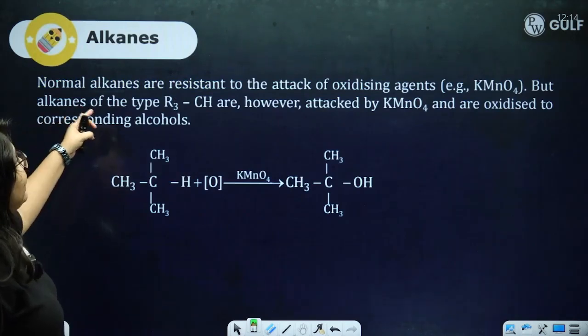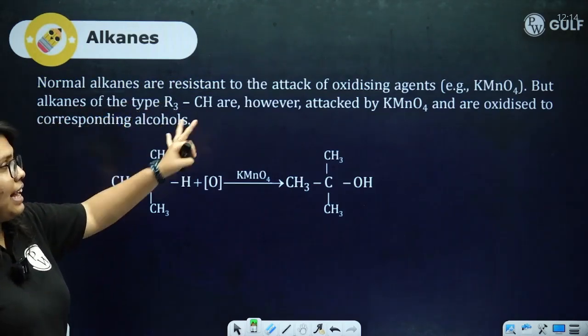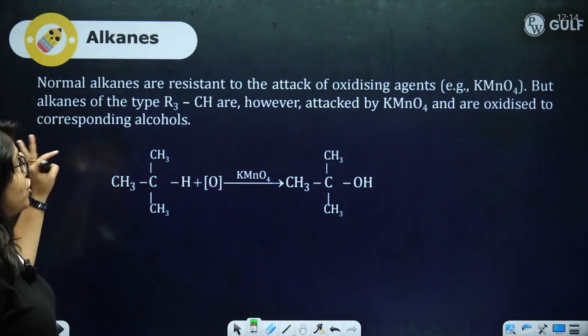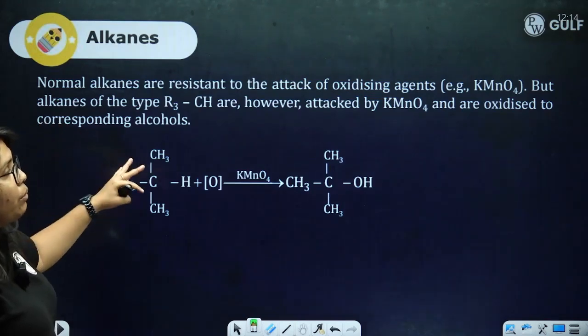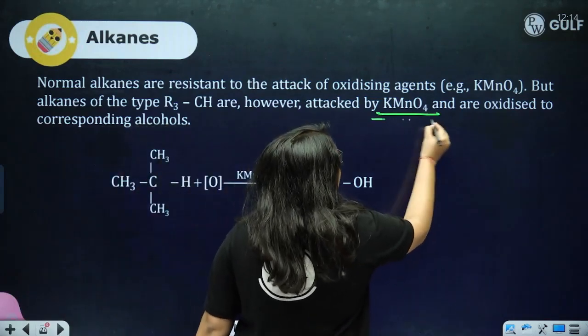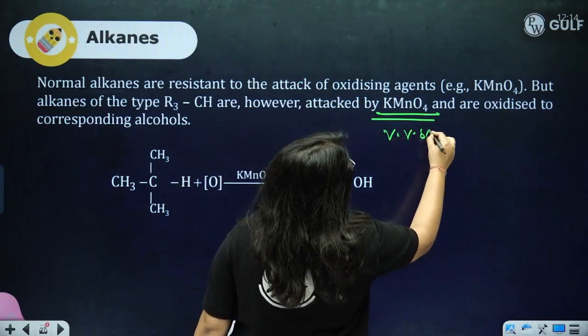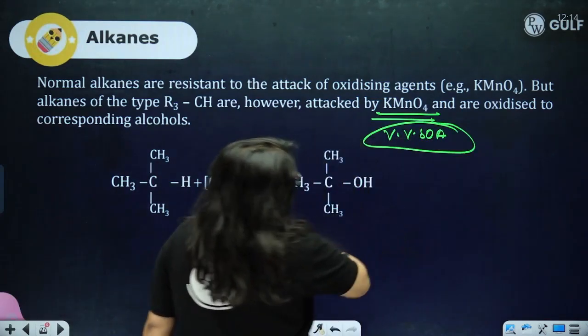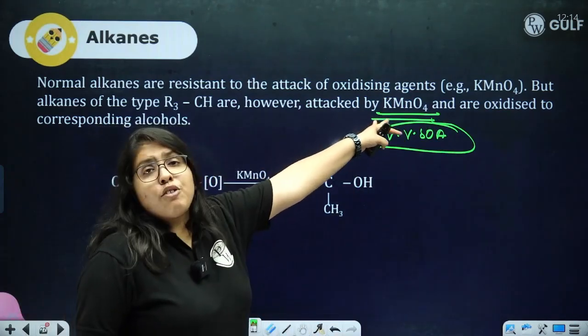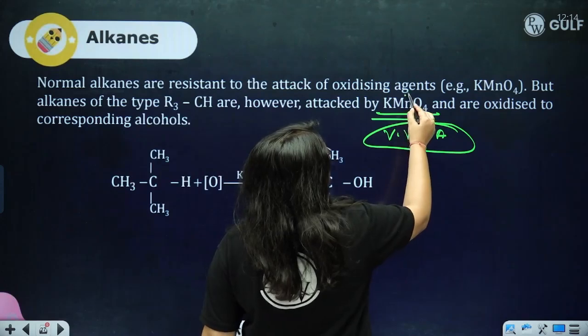Now, normal alkanes are resistant to the attack of oxidizing agents, but tertiary alkanes are, however, attacked by KMnO4, which is a very strong oxidizing agent, beta. It is a very strong oxidizing agent because the oxidation state of manganese over here is +7.